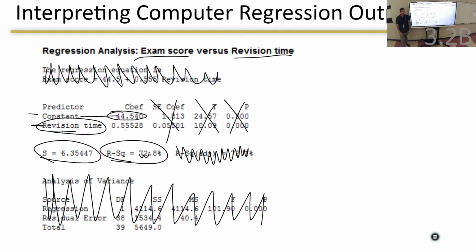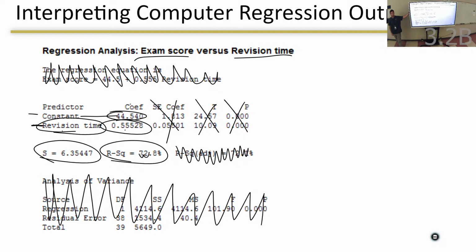Don't take the square root of 72.8, because that number is going to be bigger than 1, and you know R can't be bigger than 1. So turn it to a decimal, take the square root of it, and then look at the coefficient of the slope to decide if it's positive or negative. If the coefficient of the slope is negative, you have a negative sign, and then you have a negative R.